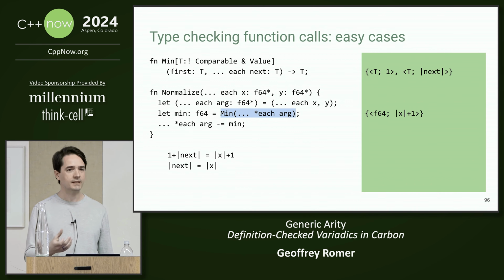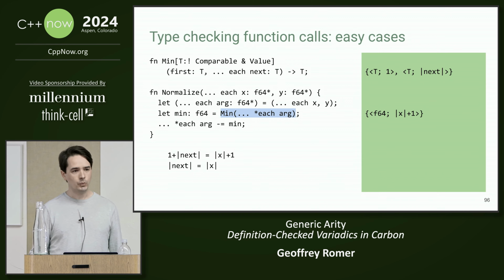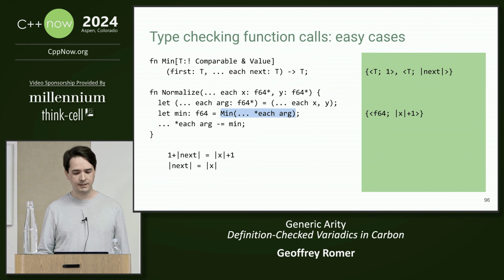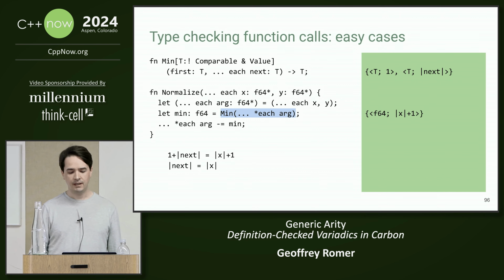And the second parameter segment needs to be checked against F64 because there's nothing else. One twist in this case is that T is deduced but not variadic, so we have to deduce a single T, and we handle that by deducing T separately for each argument segment that matches it, and then check that we deduce the same type each time.